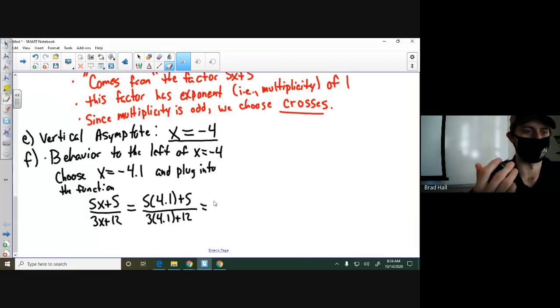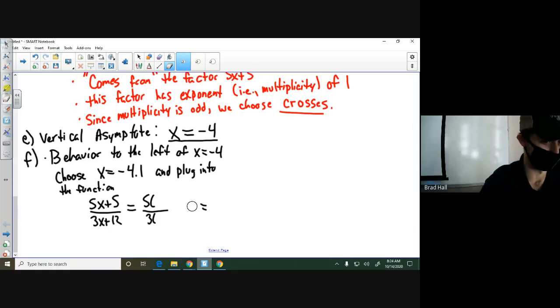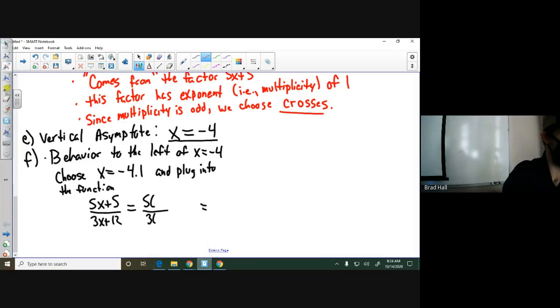I'm supposed to plug in -4.1. I'm sorry about that, I put positive 4.1. I was wondering why it was not coming out the way I was expecting. But I said to plug in -4.1, so my fault. -4.1.